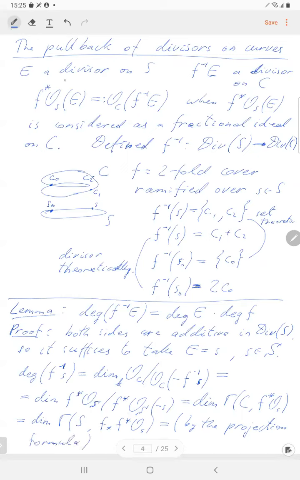The projection formula says that if you take any sheaf downstairs on the curve S, and you pull it back to C and then push forward back to S, then you don't need to compute this for all the sheaves. You just need to compute it for one structure sheaf, and then you just tensor with this. So let me write this down. Next page.